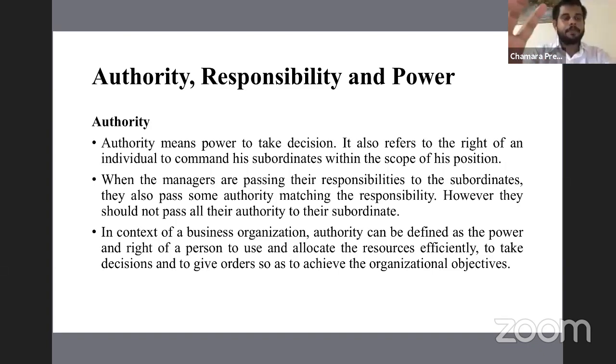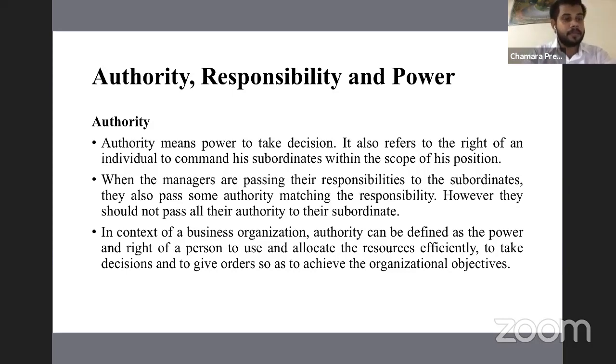There should be some limitations on authority within the scope of the position. We face many problems when people go beyond the scope of their position to use authority and give orders and commands.